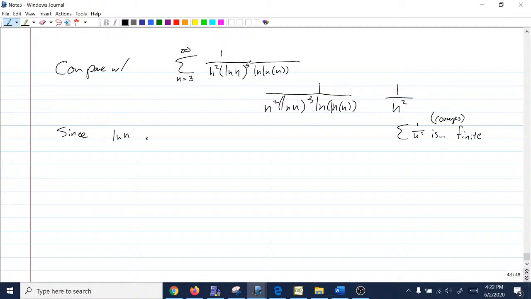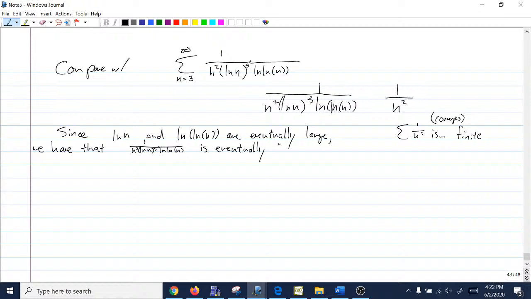log n and log n are eventually large, we have that 1 over n squared log n to the 5th log n is eventually less than 1 over n squared.